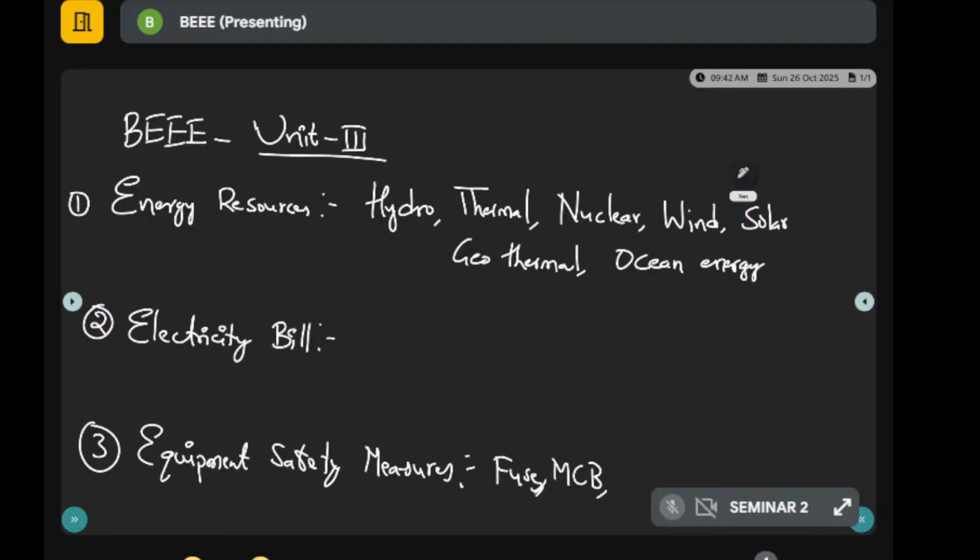Accidentally, if we touch a live conductor, we will get electrical shock. So what is meant by electrical shock? How can we prevent this electrical shock? That we have to know from this topic. Three topics: fuse, MCB, and electrical shock, and how we can prevent shock.